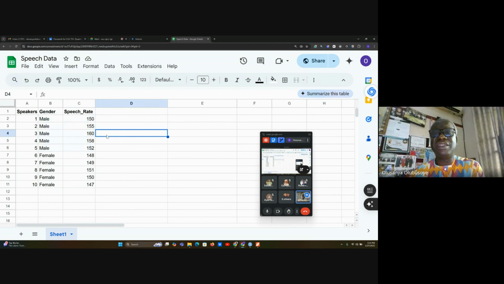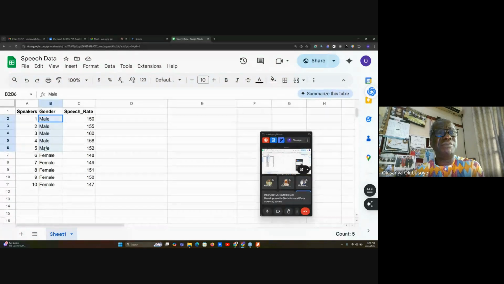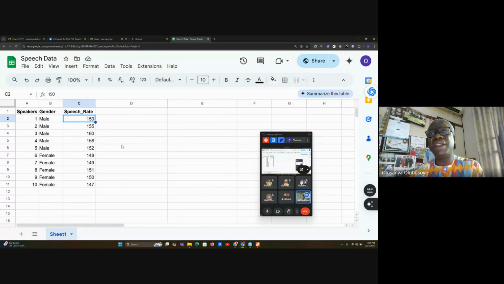If we do that, then we will be talking about a single test. If we now test whether male average speech rate is the same thing as female average speech rate, then we are going to be talking about two independent samples.